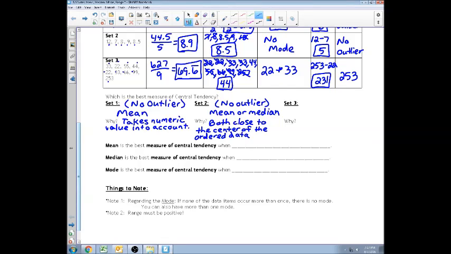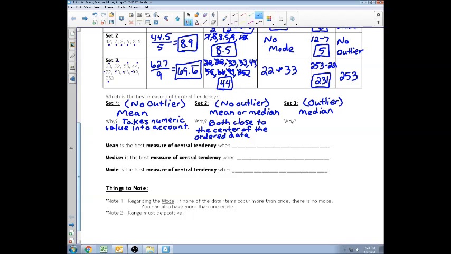For set 3, now there is an outlier. Okay? When there is an outlier, your best measure of central tendency when you are working with numbers is actually going to be the median. Because the median will get rid of the outlier in one of your first movements, whether it be a low outlier or a high outlier, the median does not take that number really into account.